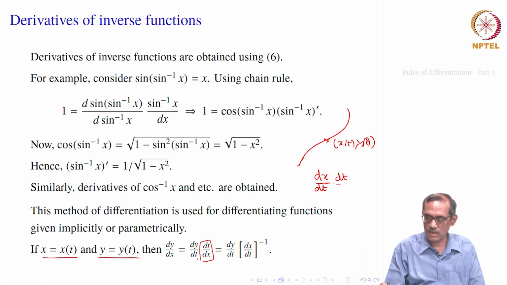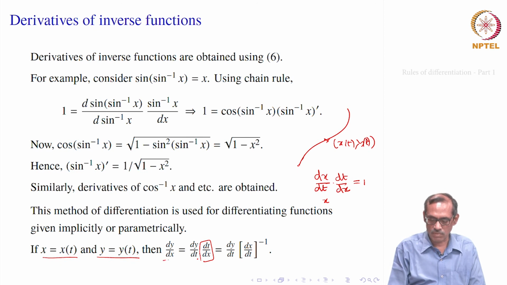So, x is a function of t, and again t is taken as a function of x, it is imagined that way. So, we get the identity function x of t, t of x. So, once you differentiate by the chain rule, it is dx by dt, dt by dx equal to 1. So, you get dt by dx equal to dx by dt reciprocal.